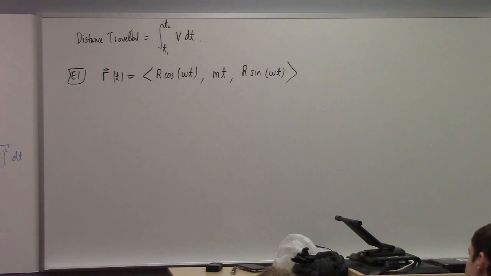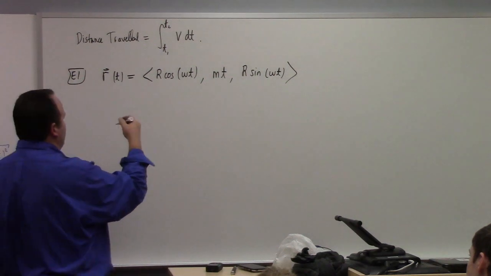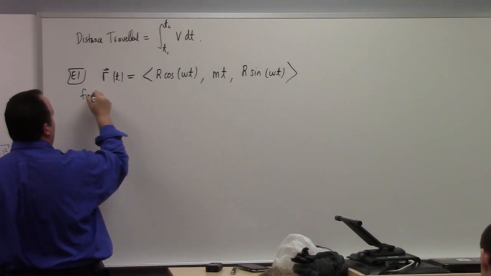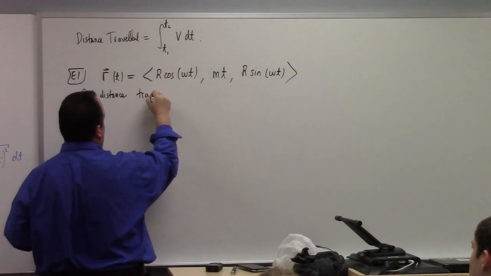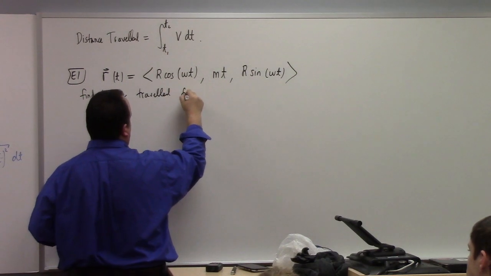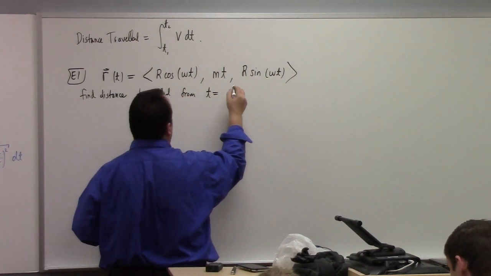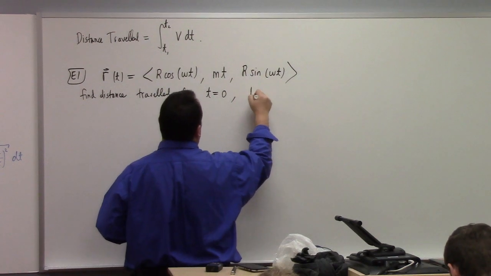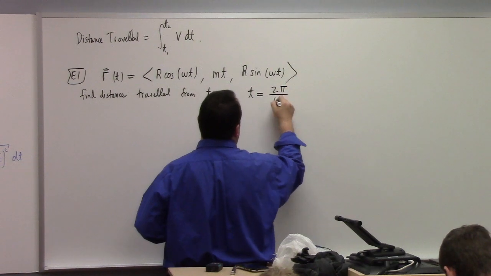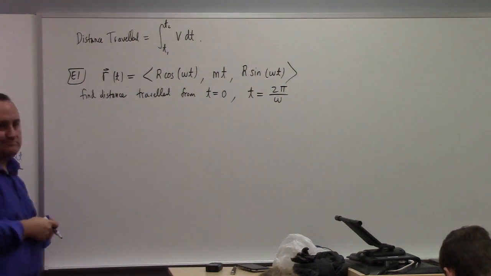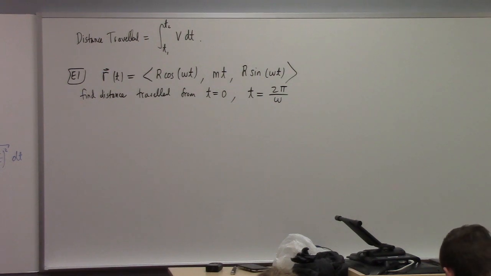Let's calculate the velocity, the speed, and the arc length. Well, actually, let's find the distance traveled from t equals 0 to t equals, oh, I don't know, 2 pi over omega. Okay?